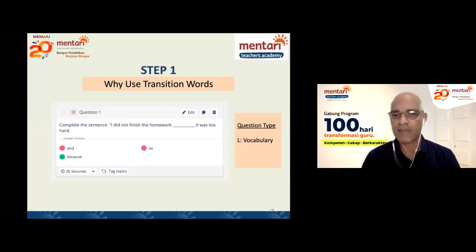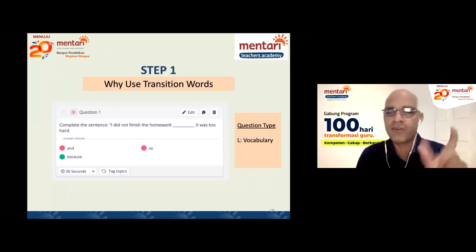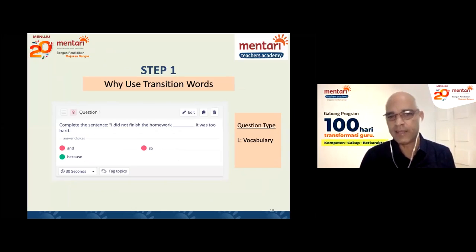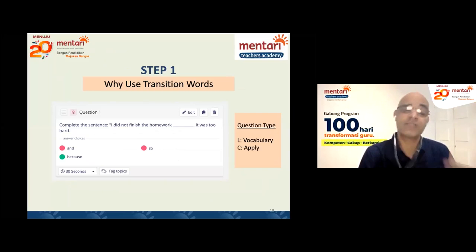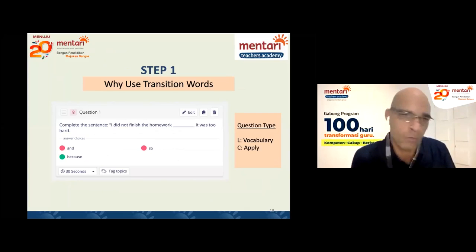Okay, in terms of language, I'm focusing on vocabulary. I'm practicing transitions at the word level. Why? Because they just have to fill in one word. I give them 3 words, they have to pick one. So my practice is focused on the vocabulary level. And my students are applying. I'm not asking them to remember one word.